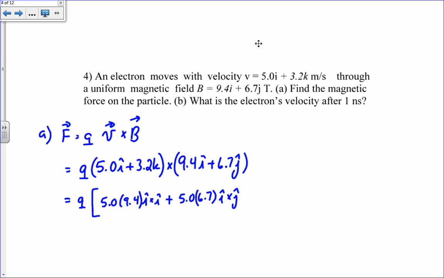Inner is 3.2 times 9.4, that's k cross i. And then last is 3.2 times 6.7, times k cross j.